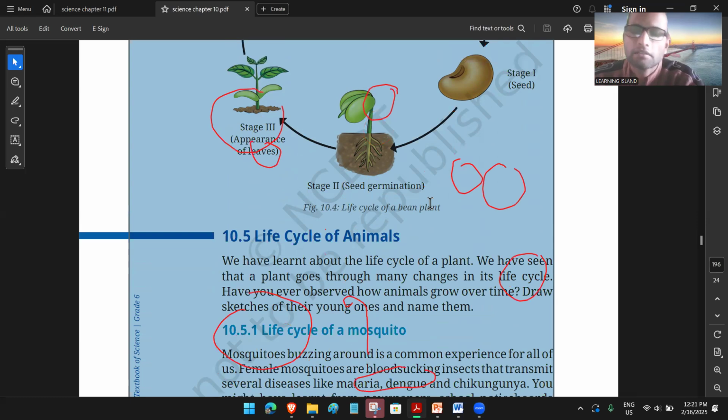We have learned about living beings and non-living beings, their differences and characteristics, and how they respond to stimuli like sunlight, the condition of germination, and the life cycle of plants. In the next video, chapter 10 part 2, we will see the life cycle of animals.